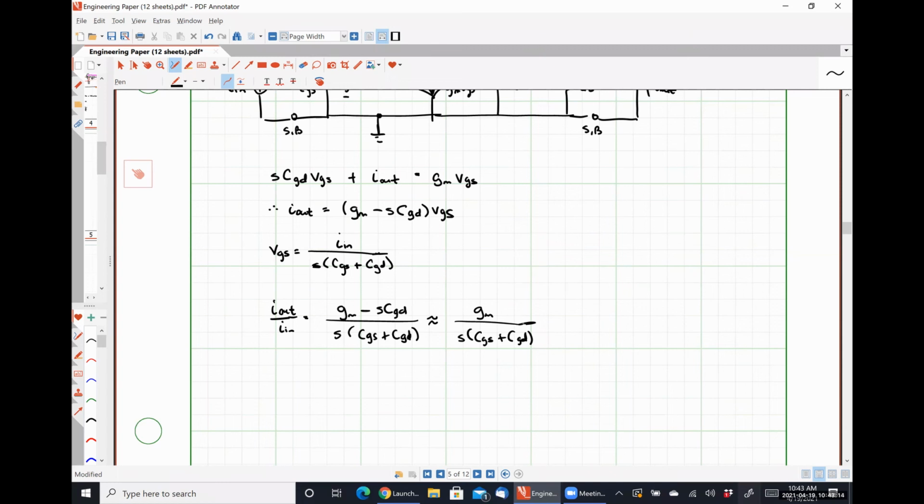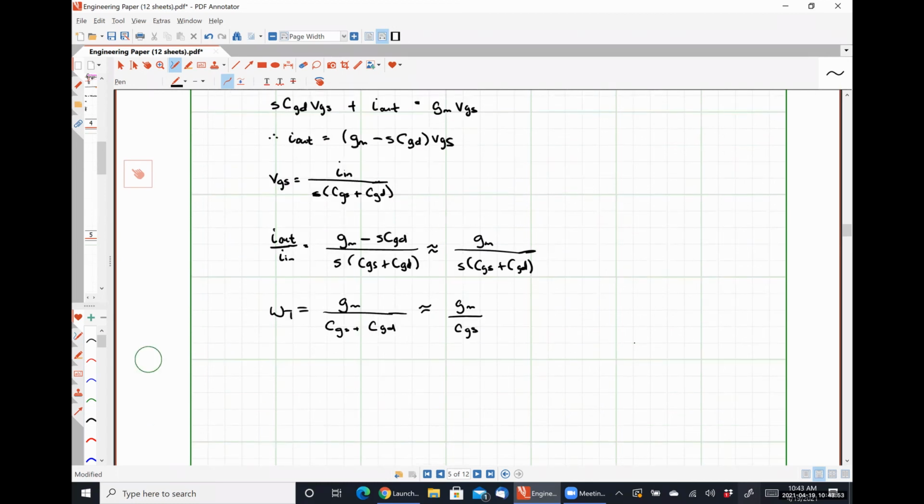So that means that our transition frequency omega t is equal to gm over CGS plus CGD. Sorry, there shouldn't be an s there because we are finding out the value of s that makes that thing 1. I apologize for that. So omega t is gm over CGS plus CGD, which is approximately gm over CGS.